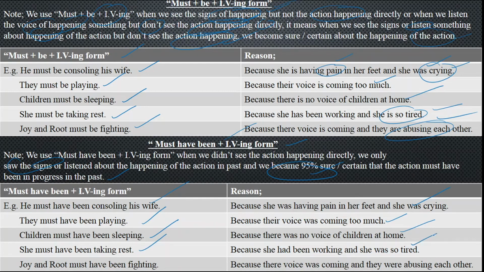Now there you are saying that in the past, as we went to their home, we said that she must have been sleeping because she was working all day and night, and you are saying that she was so tired. Joy and Ruth must have been fighting because their voice was coming and they were abusing each other. So I hope you got the topic about must be plus ing form, must have plus the third form of the verb, and must have been plus the ing form of the verb.